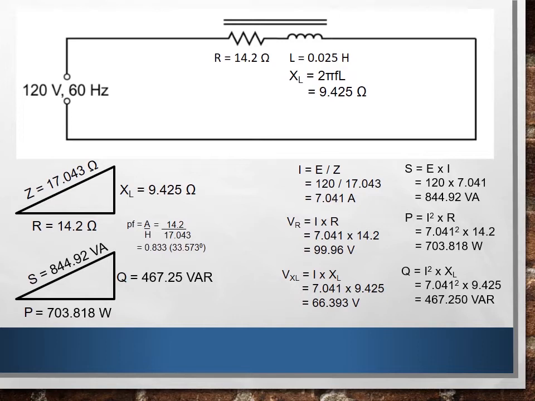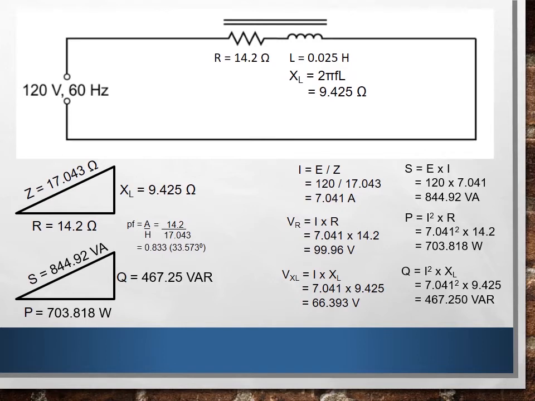In order to get my true power, I'm going to use my current, because my current is my constant, I can rely on that. My current being 7.041 squared times my resistance of 14.2 will give me a total power of 703.818 watts. For my reactive power, I'm going to use my reactive component, and once again I want to use my current, my constant.